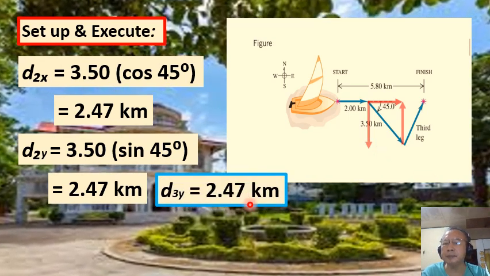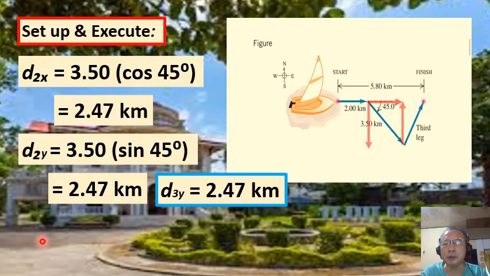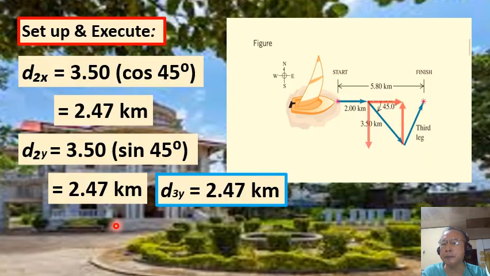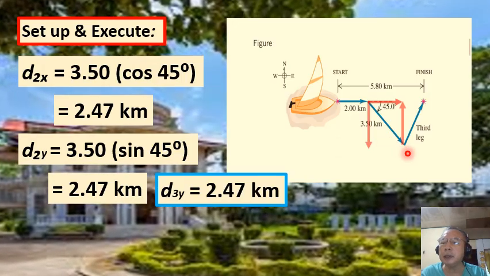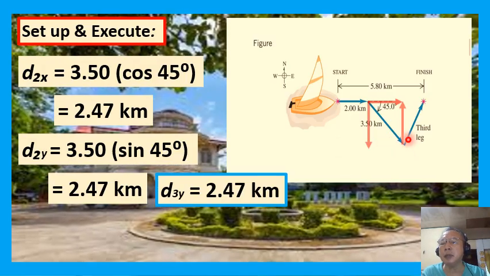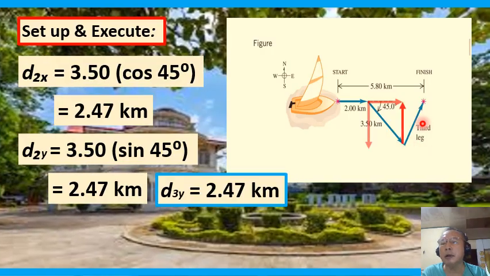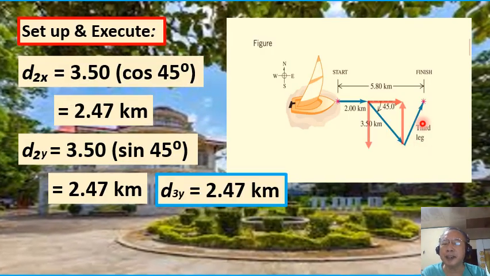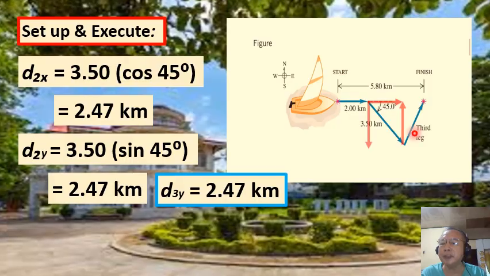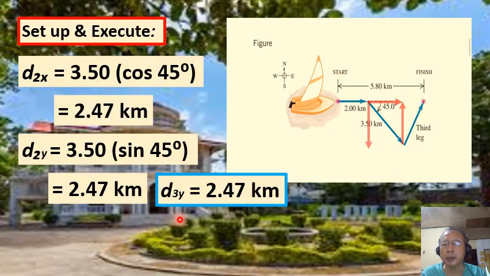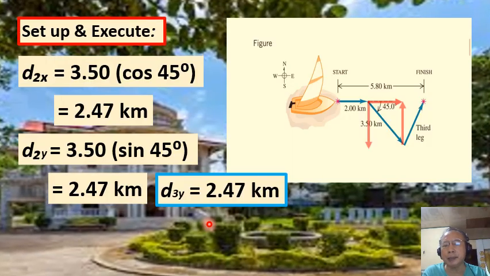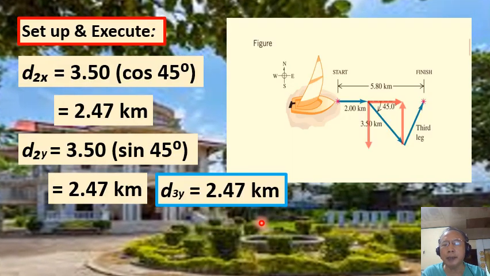And in the diagram, the magnitude of the y component of displacement d2 happens to be equal to the y component of the third displacement, the unknown displacement in the third leg. That component along the y, we label here as d sub 3y.